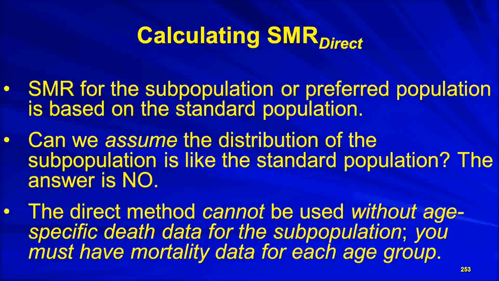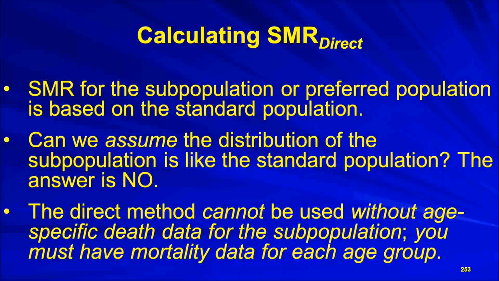So if you don't have age-specific death data for the subpopulation, there's no way that you can do the direct method. And this is what separates the direct method from the indirect method. Okay? So somebody says, why do you use the standard population of the United States?